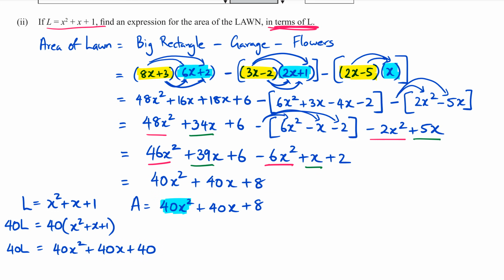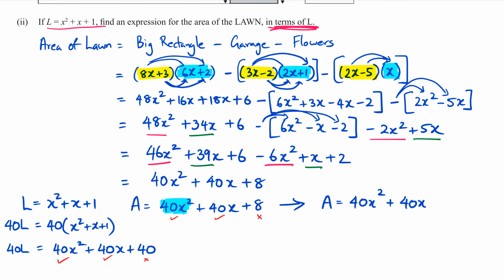All right. Now here's the thing. I can see that the 40x squared and 40x squared match up. 40x matches up. But the 40 doesn't match up with the 8 there. So I need to figure out how I can get rid of that 8 and put another 40 in there. And this is where you need to think about this. You can rewrite area here as 40x squared plus 40x, but I want 40 in there, but I don't want the 8.